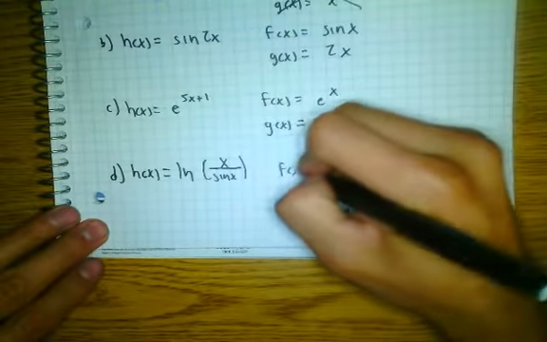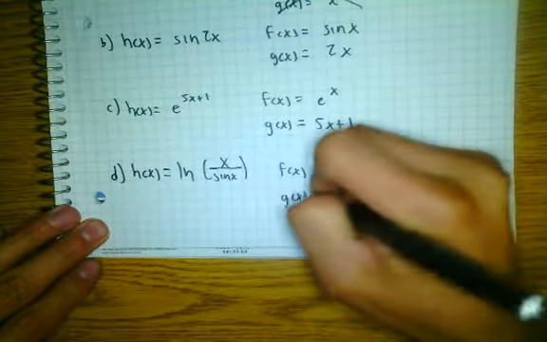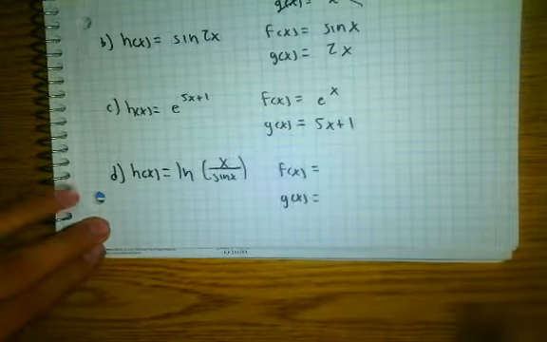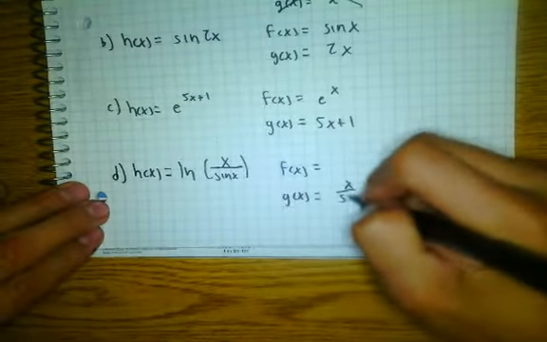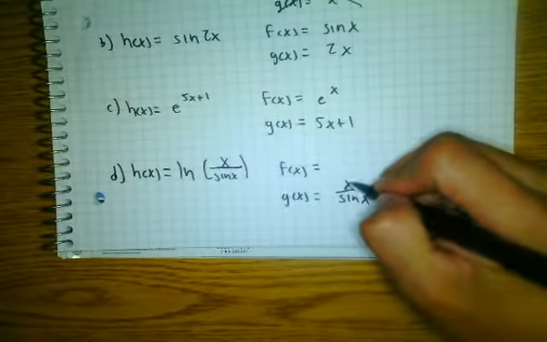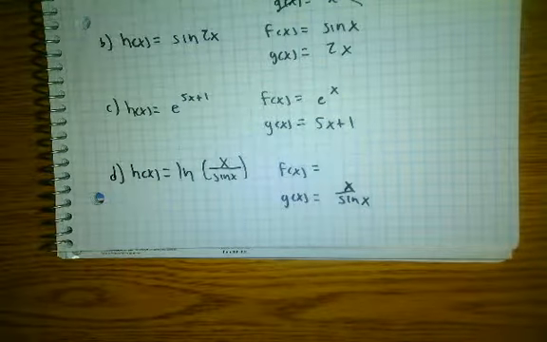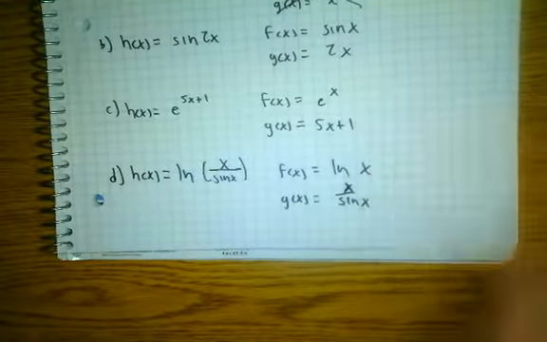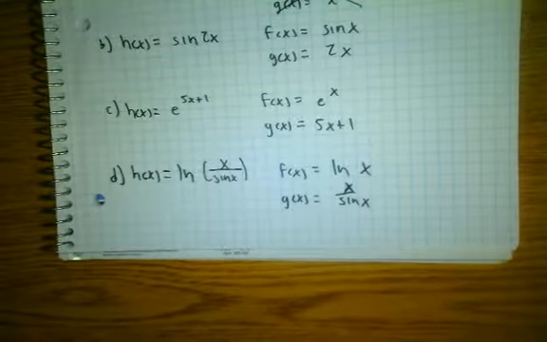X over sine x. Good, x over sine x. If that's what our g of x is, Sydney, what do you think f of x would be? Very good. Do you feel pretty comfortable decomposing? Yes? So we're ready to then go on to calculus.